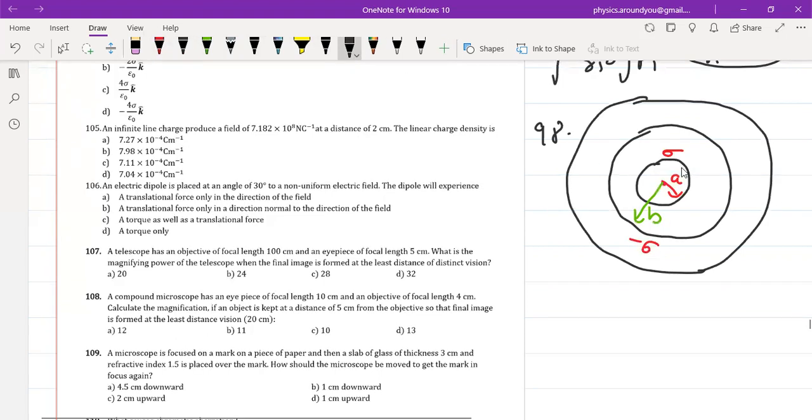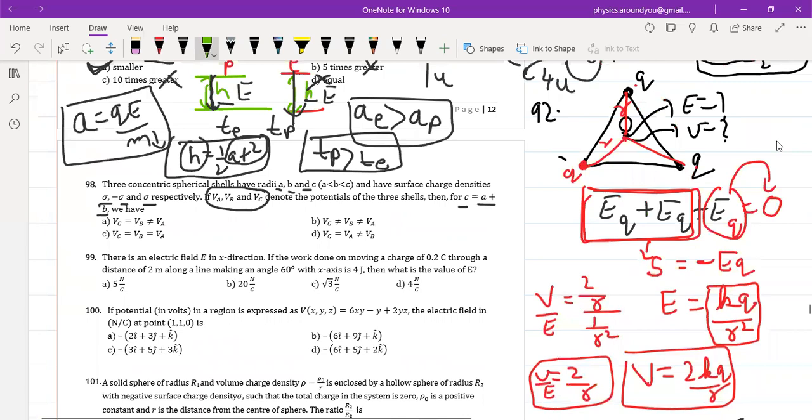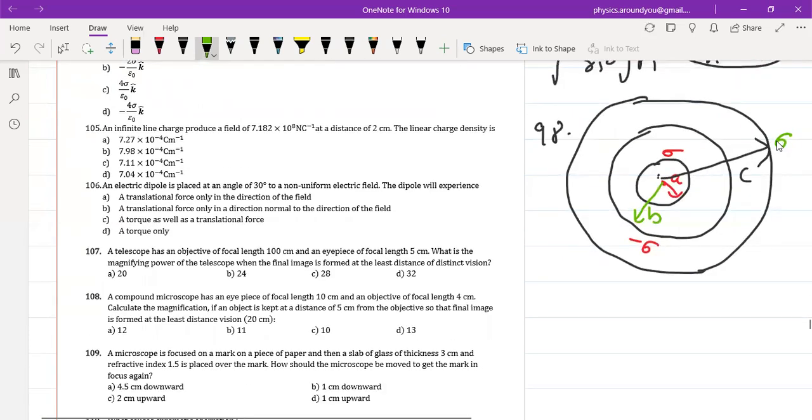The radius of this one is C, and its surface charge density is again sigma. Sigma, minus sigma, and sigma, if I'm not wrong. Yes, this is what it is. I will color code this in red to avoid confusion.